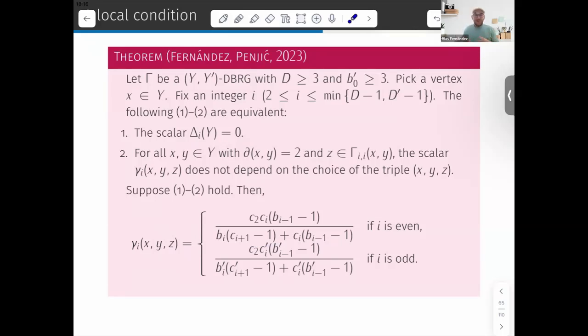And of course, this is a local condition because this is what happens for i.